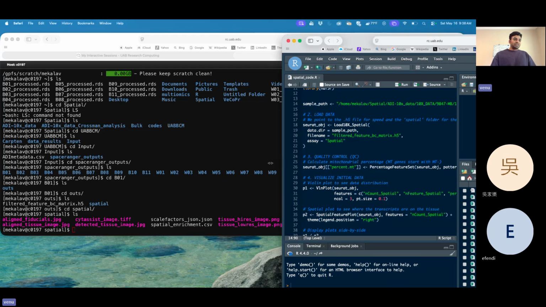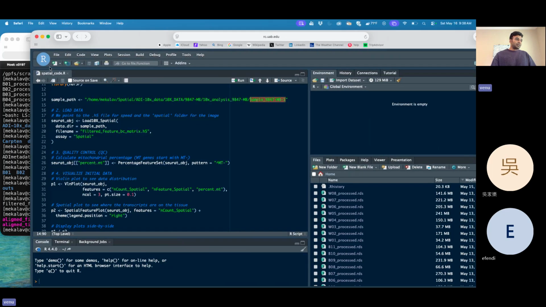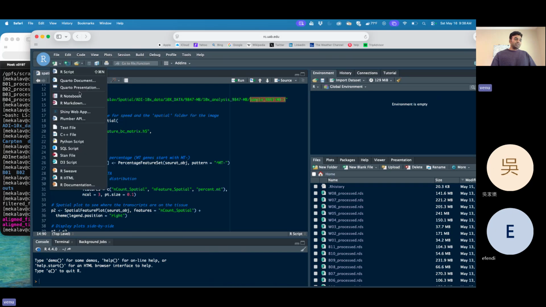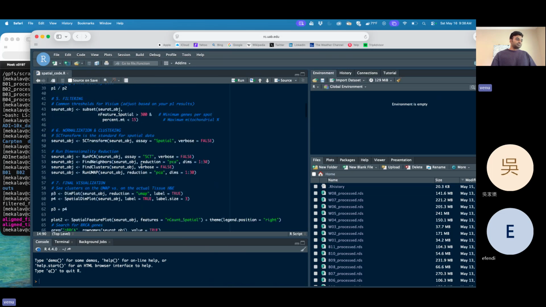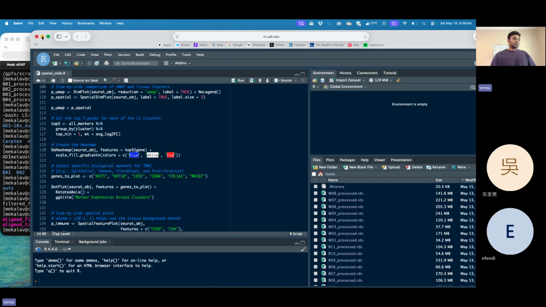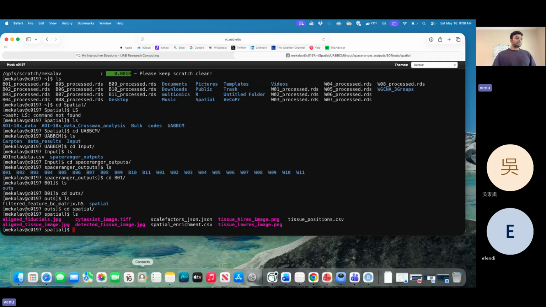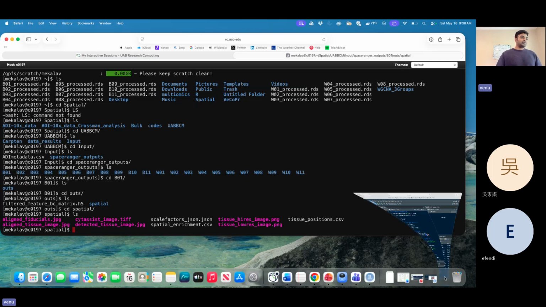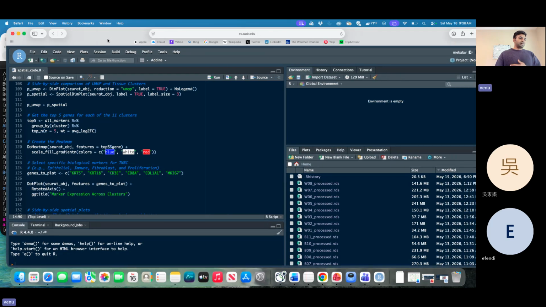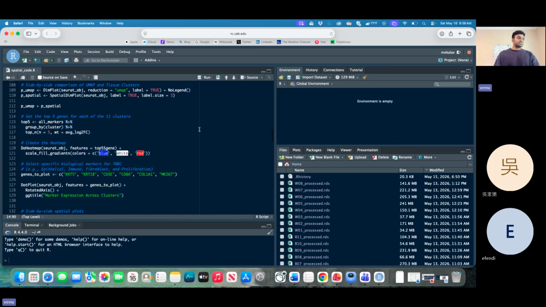The only time it will take a lot of memory is the integration step, when we merge all these samples and integrate based on their expression profile, the top highly variable genes. On my local computer it may take 12 hours, but in my previous lab it may take 5 to 6 hours. It depends on parameters also.